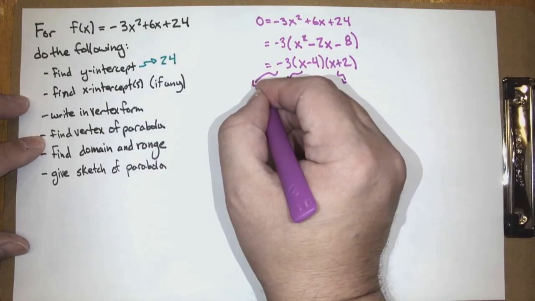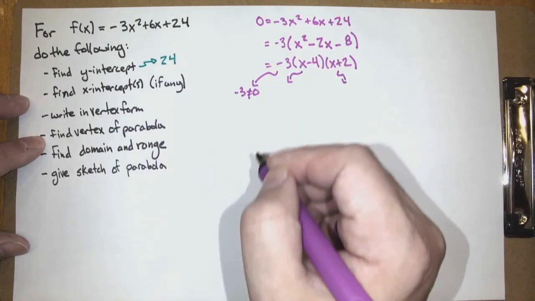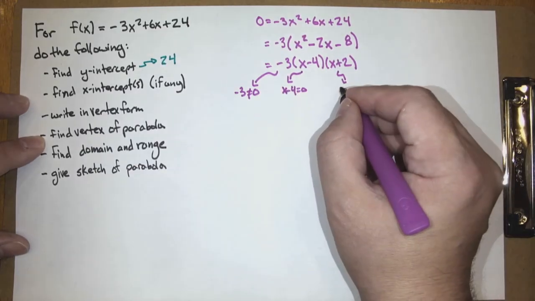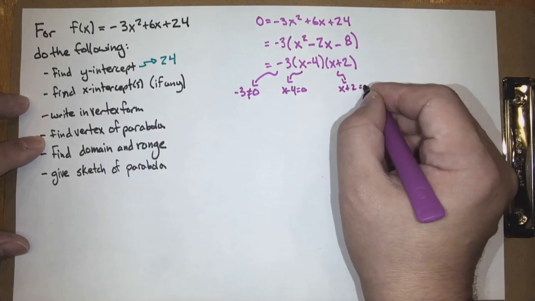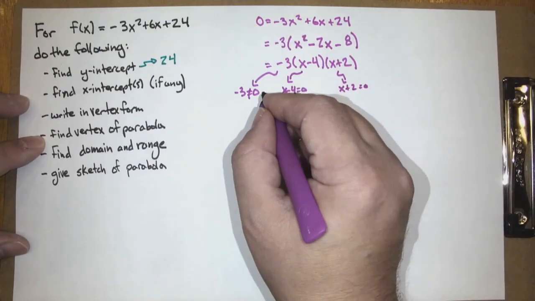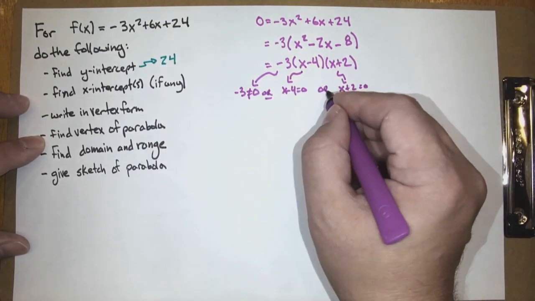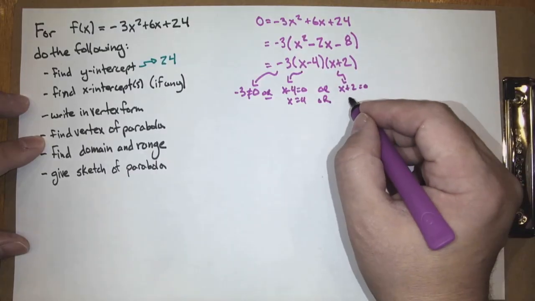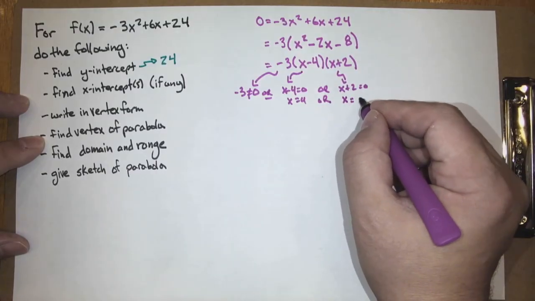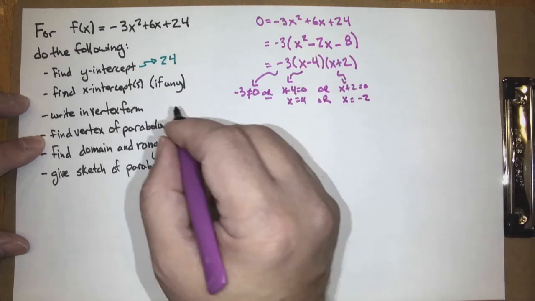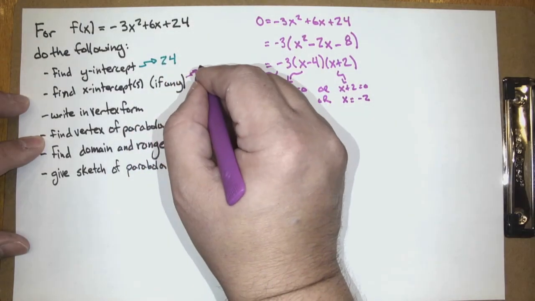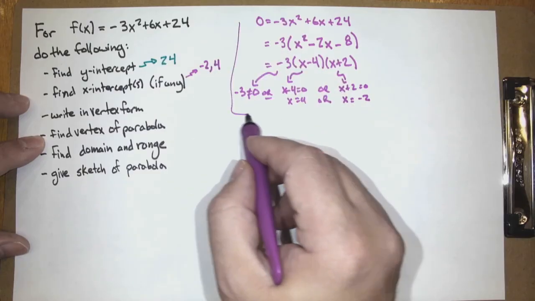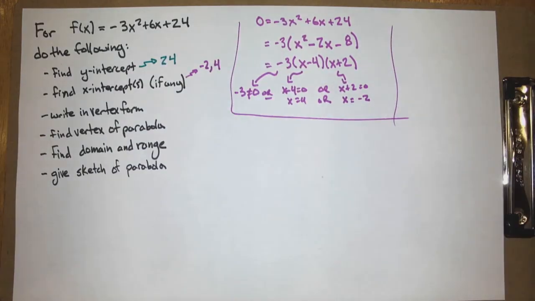By the way, it's definitely not the negative 3. That's not 0. If x minus 4 equals 0, what does that tell us about x? It tells us x equals 4. x plus 2 equals 0 tells us x is negative 2. So there are intercepts here, at negative 2 and at positive 4.